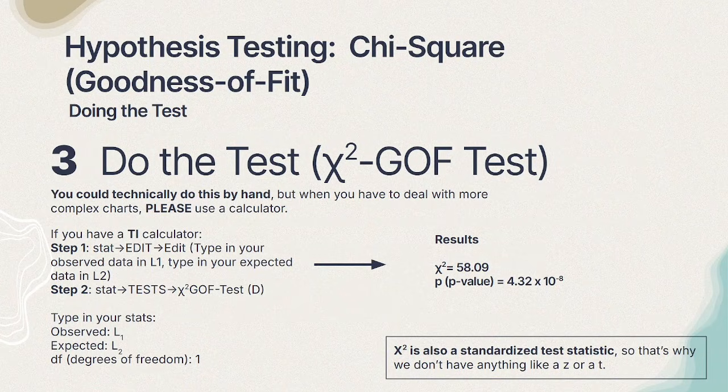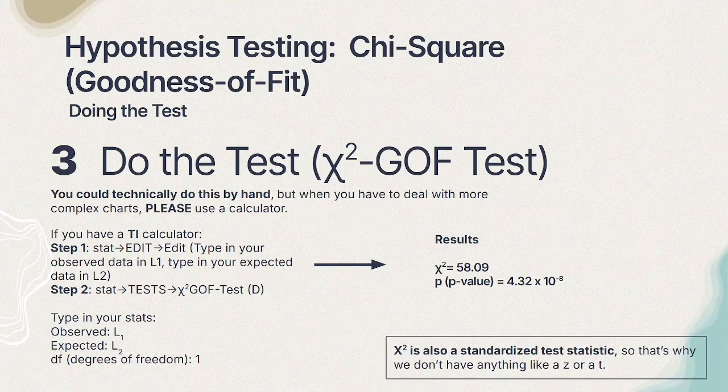On the calculator, enter your observed values in list 1 and expected values in list 2. Then go to the test, chi-square GOF test, with 1 degree of freedom, number of categories minus 1.